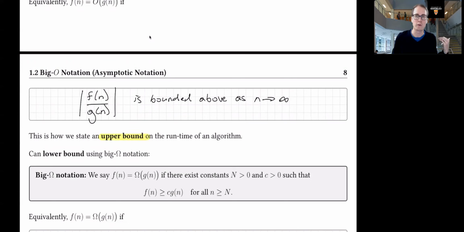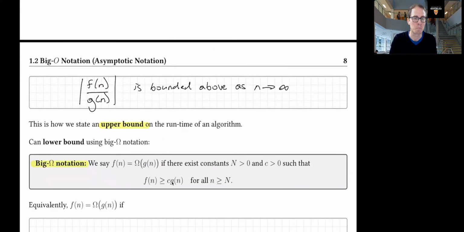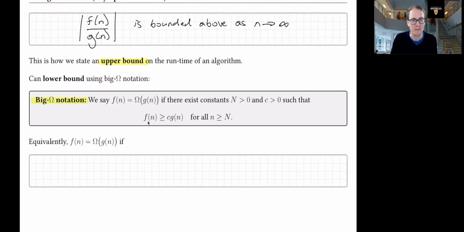We can also lower bound the runtime of an algorithm. Say an algorithm runs at least, the runtime takes at least this much. And so to do that, we use big omega notation. And the definition is similar. It says f is in big omega of g if there exists a number N and another constant c, such that f is bigger than the constant times g for all n bigger than this capital N. So that means that, if we make n big enough, f is growing at least as fast as g.